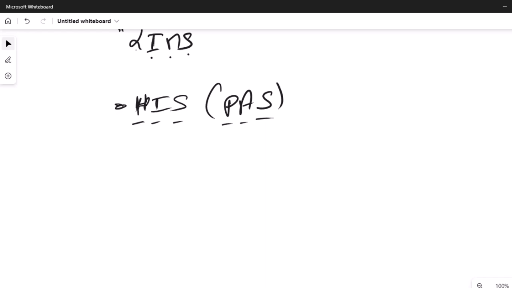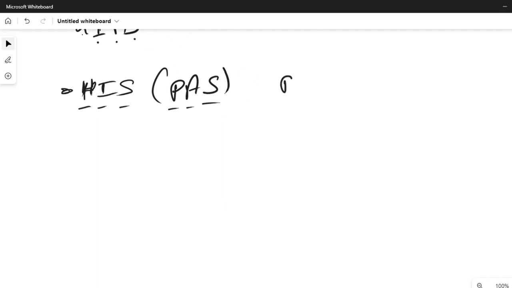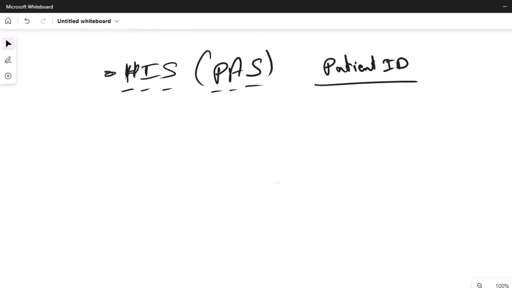So an HIS is linked with all the other systems to ensure that records of other systems actually match the primary details. For example, if we have a patient ID created by our HIS system, this patient ID should be the same in all the other systems used in the hospital. That's why these HIS systems should be linked with all the others.